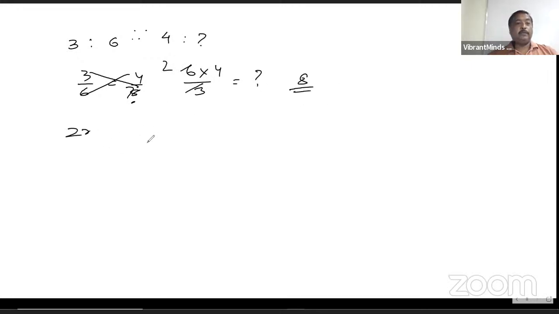Suppose we have 2x is to 25 as 6 is to x by 3.